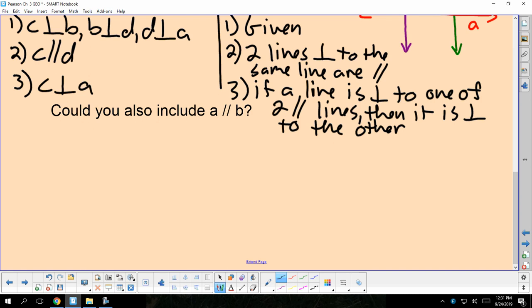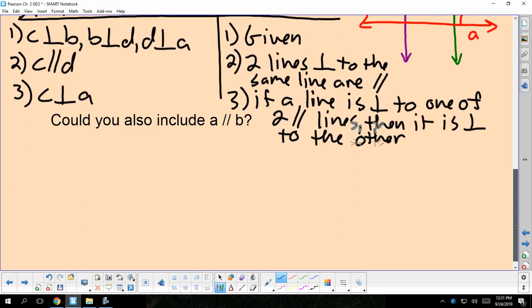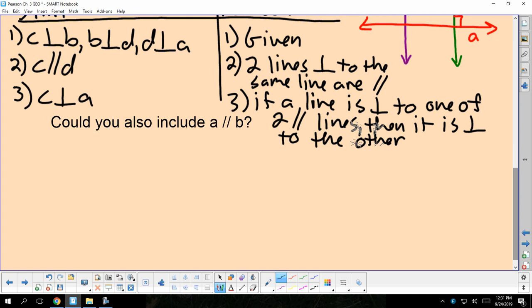The last one says, could you also conclude that A is parallel to B? And looking at our diagram, A definitely looks parallel to B. So what is our reason? You definitely can.